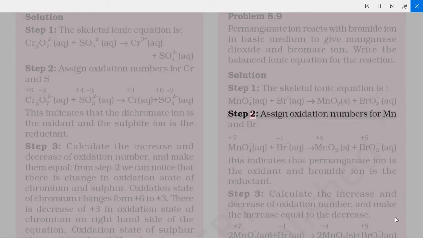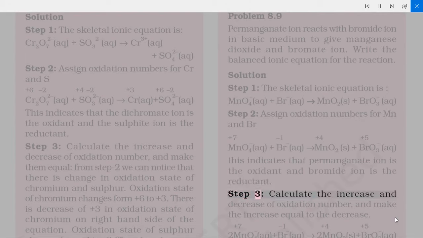Step 2. Assign oxidation numbers for Mn and Br: +7, -1, +4, +5. This indicates that permanganate ion is the oxidant and bromide ion is the reductant.